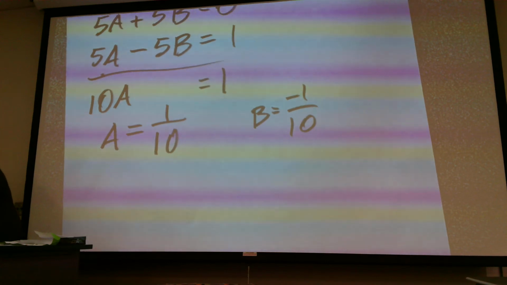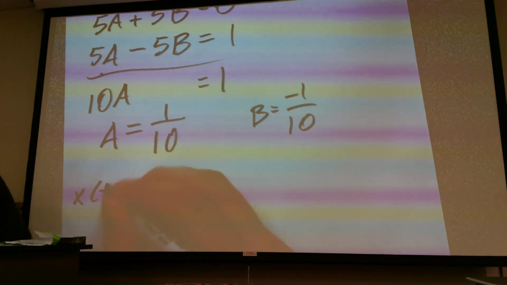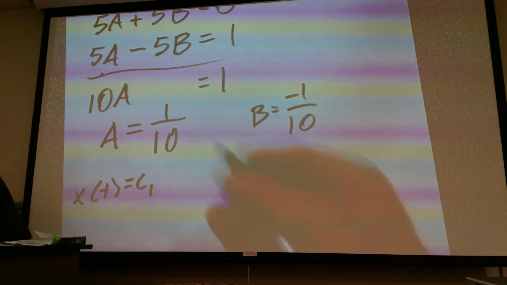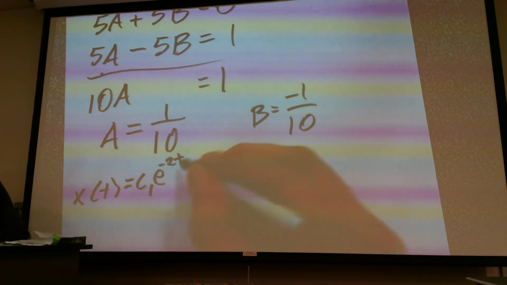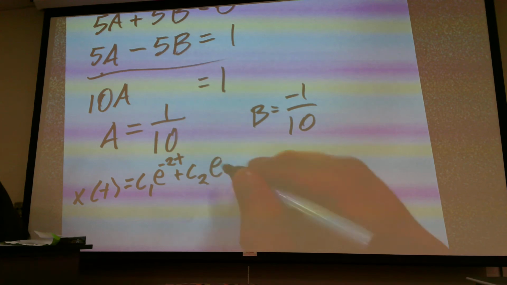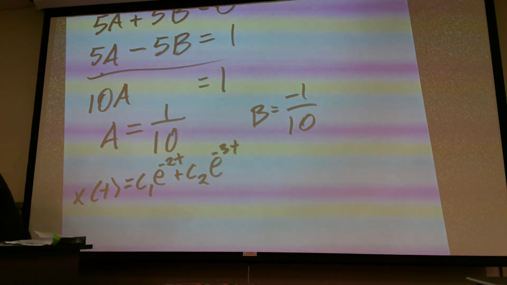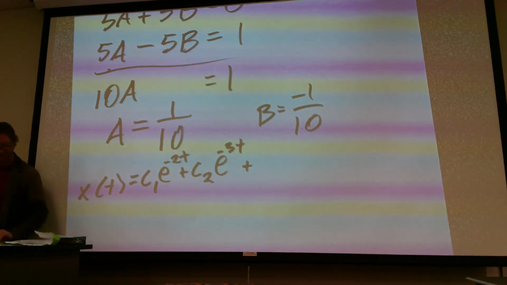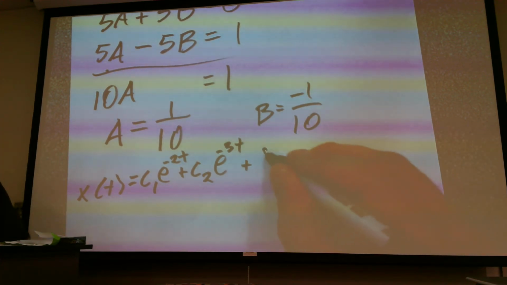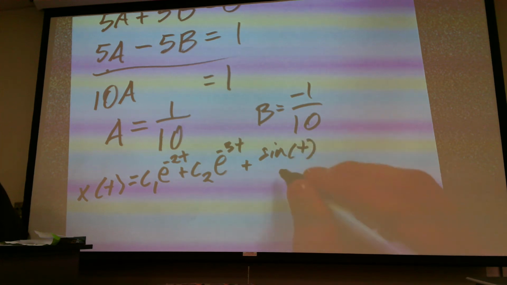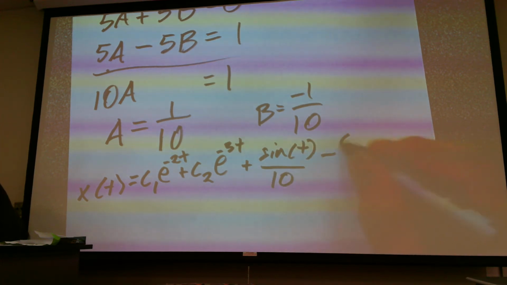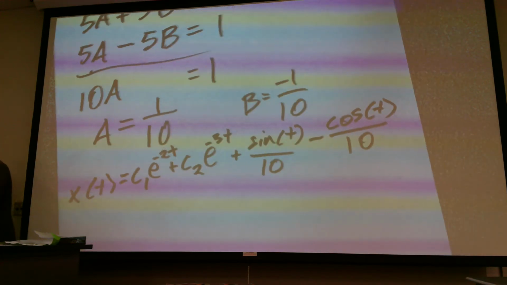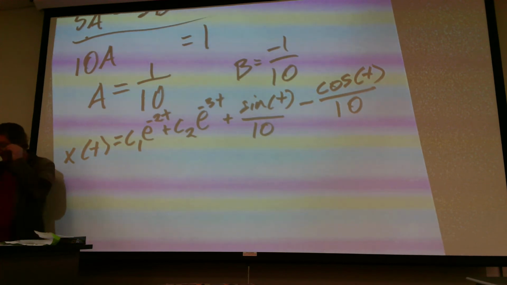We have that x of t is going to equal c1 e to the minus 2t plus c2 e to the minus 3t, and then plus a sine of t plus b cosine of t, so that would be sine of t divided by 10 minus cosine of t divided by 10. And so let's start using those initial conditions.